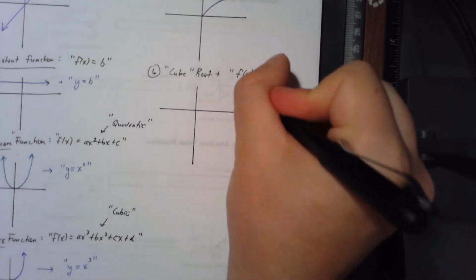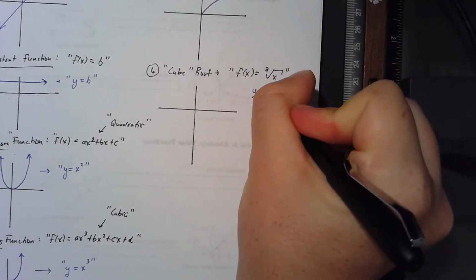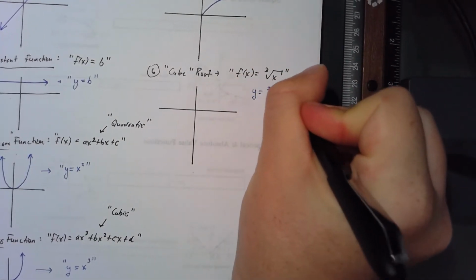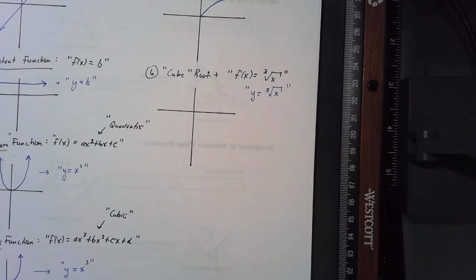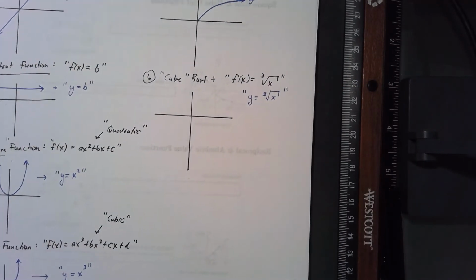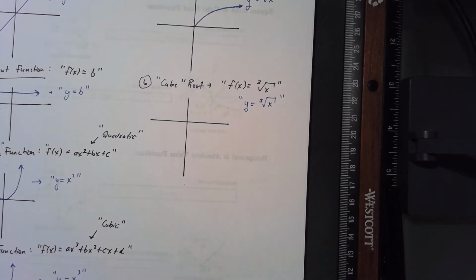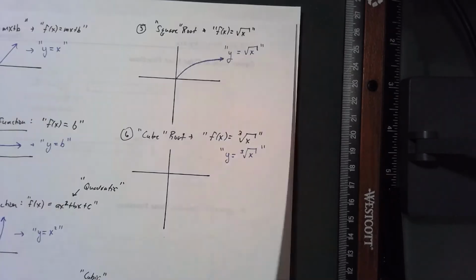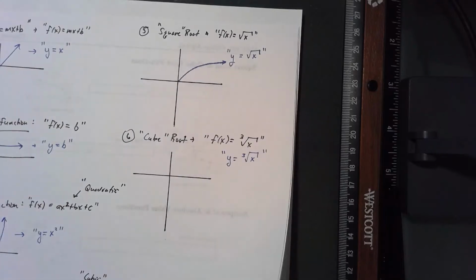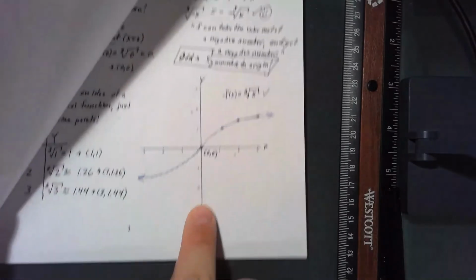So y equals the cube root of x. We just looked at it on the previous page. We knew it was an odd function. It looks like this, right?